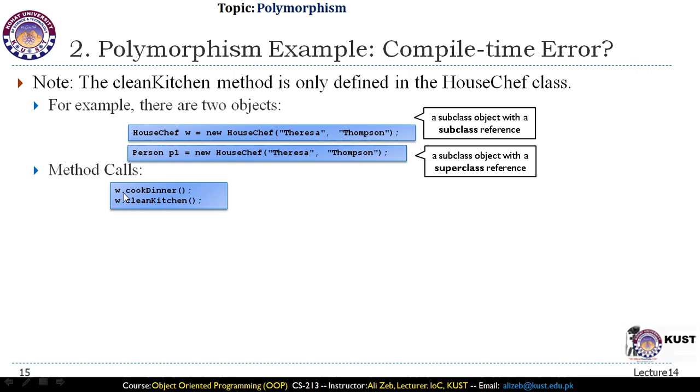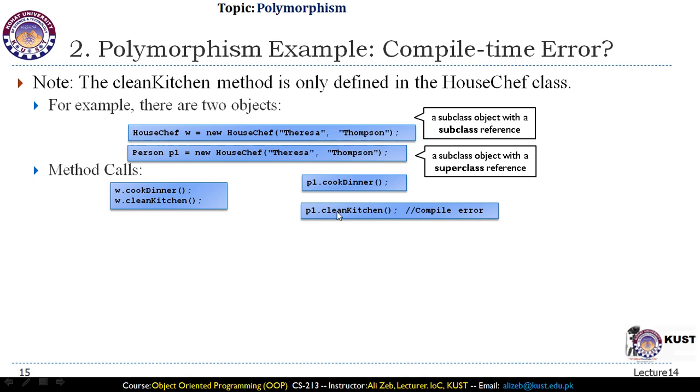For example, w is a subclass object with a subclass reference, and when this method is called, we understand that this cookDinner should call the method of the HouseChef class. It will not call the method of the Person class. But if we try this, p1, as we understand, is a subclass object but with a superclass reference, and this should generate a compile time error.